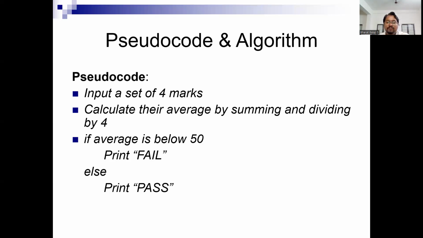Else, if it is not below 50, that means above 50 marks, then print pass. So this is a simple pseudocode algorithm for calculating the final grade of a student, whether he is a fail or pass.